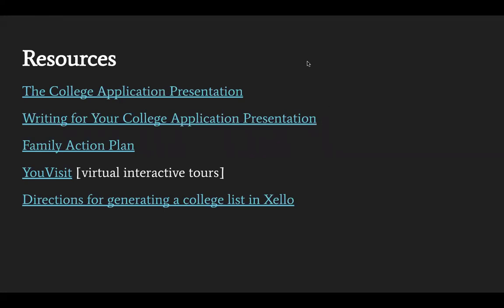There are many schools that are in there. Some are still not because it's still a newer website, but it's a very cool experience and I would definitely check it out. And the last link here is directions for generating a college list in Zello. So you'll see I took a couple of screenshots just to show you how to use Zello, or show your child how to use Zello to generate a college list if they have not yet done so.